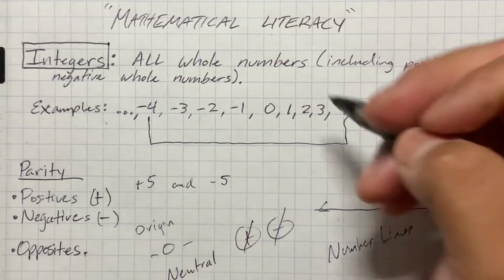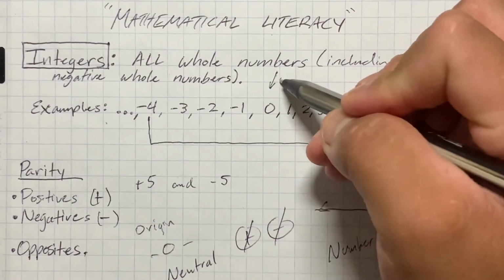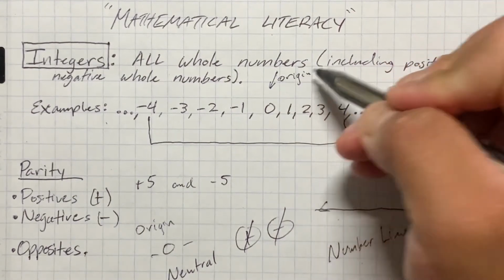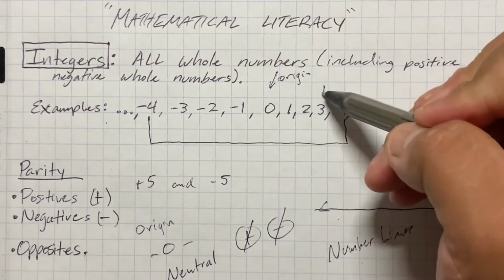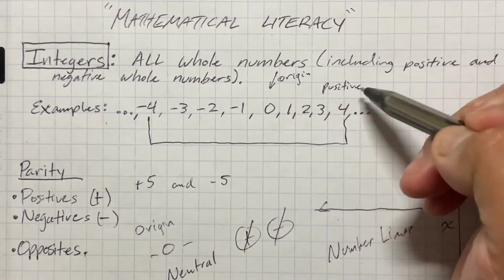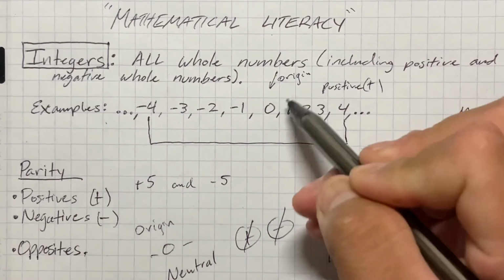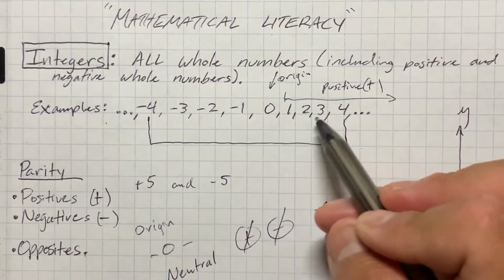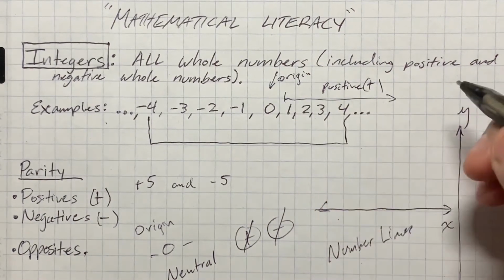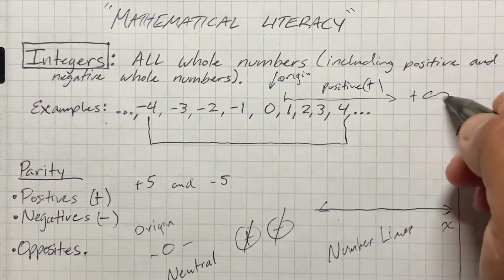And here's your origin, 0. Your origin is 0. It's a neutral number. All your positive integers are to the right side of 0. Positive 1, positive 2, positive 3, positive 4, all the way to positive infinity.